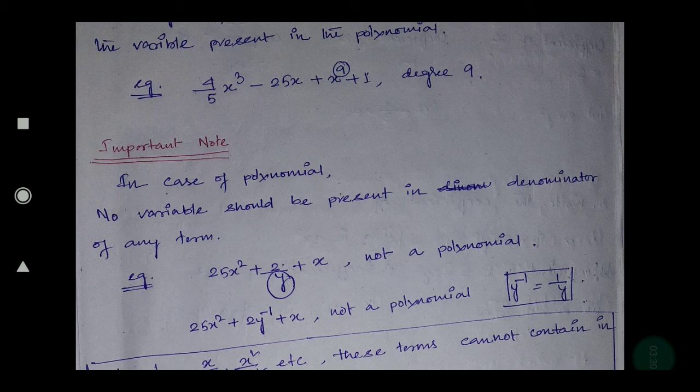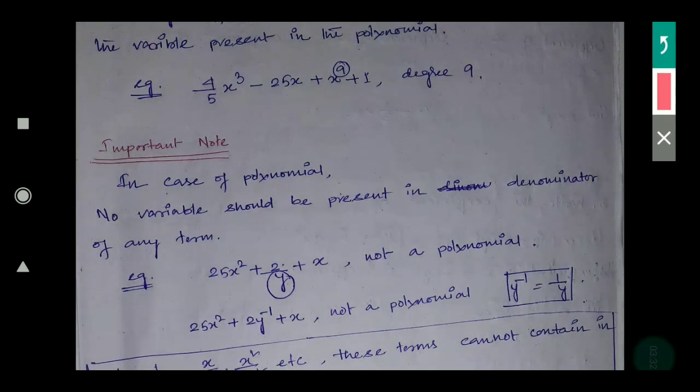For example, if it is given 2 by y, that means y is in the denominator, so this is not a polynomial. Or if it is given like 3y power minus 1, y power minus 1 means 1 by y.